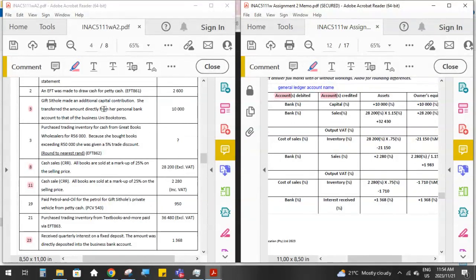Okay, so Gift made a capital contribution. As soon as we've got a transaction that is between the business and the owner of the business, we are going to use one of the two proprietary accounts and nothing else, which is either going to be capital or drawings. We use capital if the owner is contributing goods or cash to the business, and we use drawings if the owner is taking goods or cash from the business.